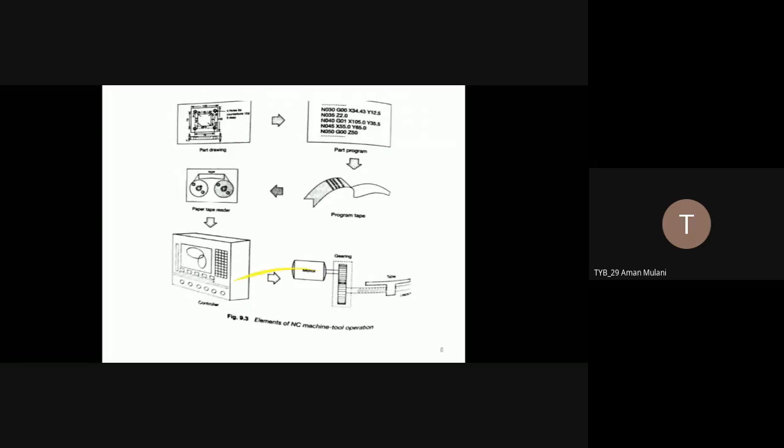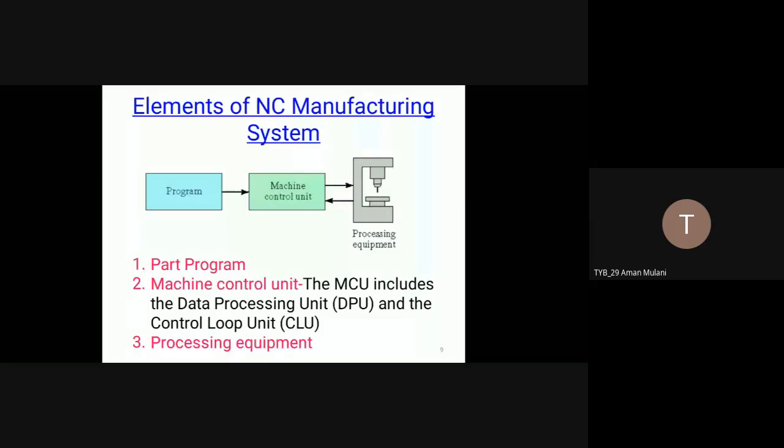Okay, then we discussed the elements of the NC machine. In that there are three important elements: the program, the MCU, and the equipment, that is the actual machine. In the MCU there are again two types, DPU and CLU, that is the data processing unit and control loop unit. Already we have discussed the role of the program and the important role of the machine control unit.